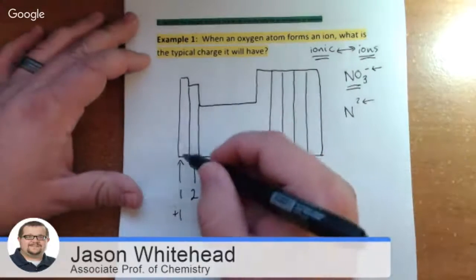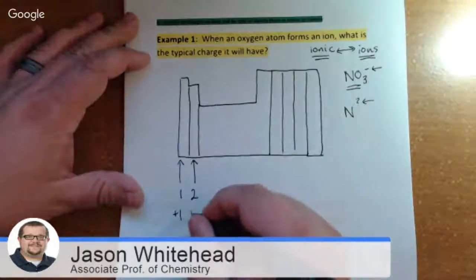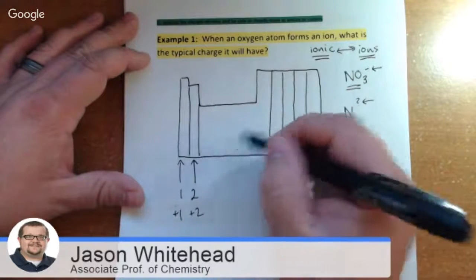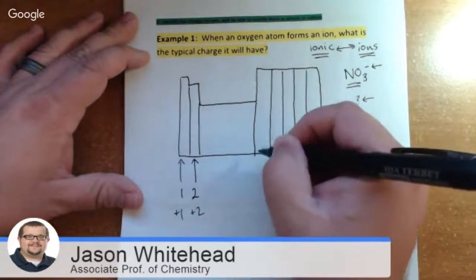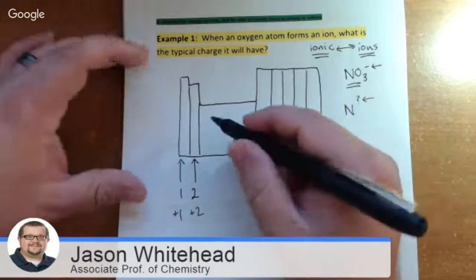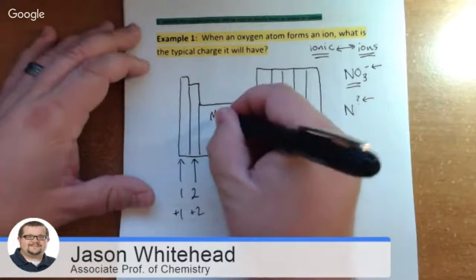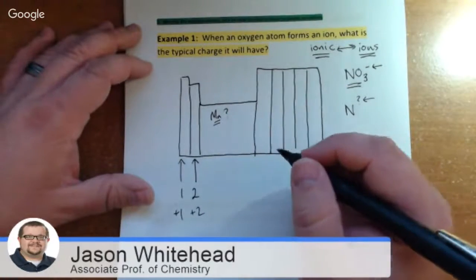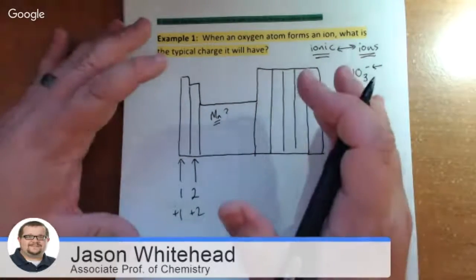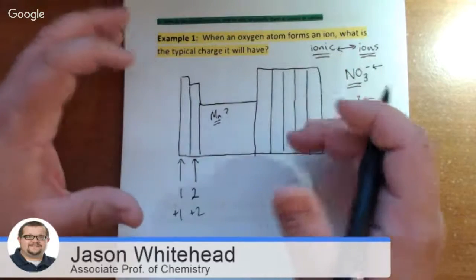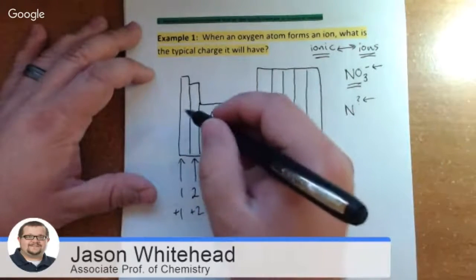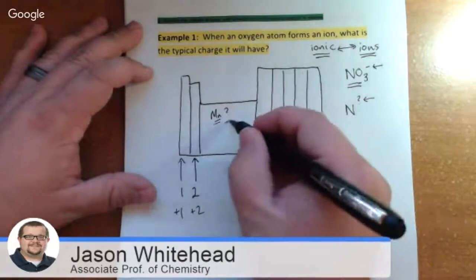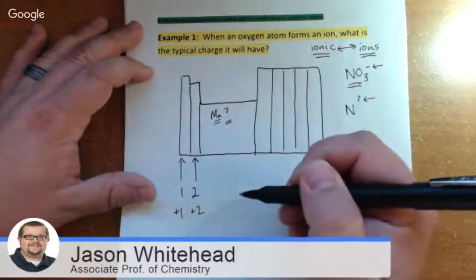So group 1 is +1, group 2 is going to have a +2 charge. Now we're going to skip everything that's in the center, because when we get to the transition metals, we get elements like manganese that have a number of possible different charge states. So I'm going to give you guys only the ones that we can bank off of. That way, if I say calcium, calcium's in the second group. We know it's a +2.